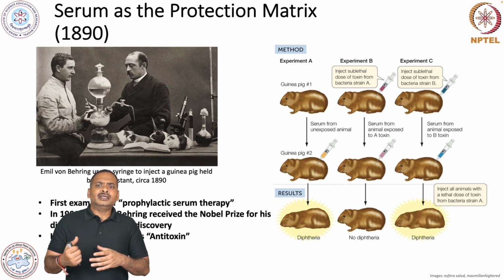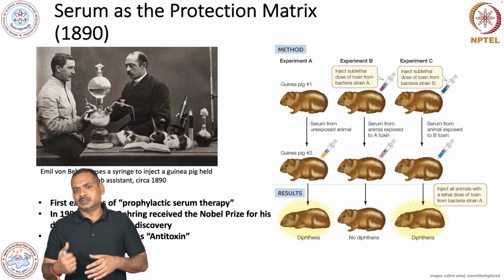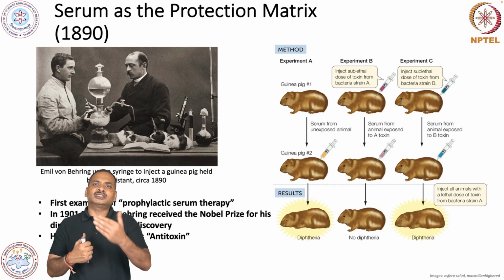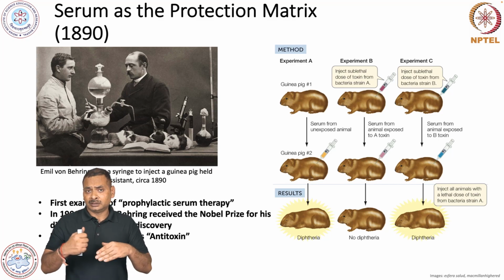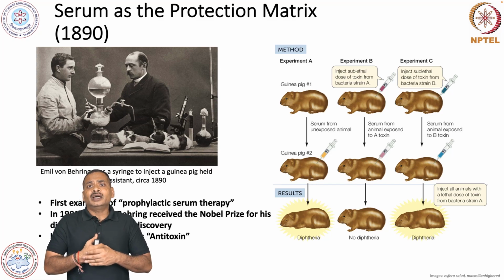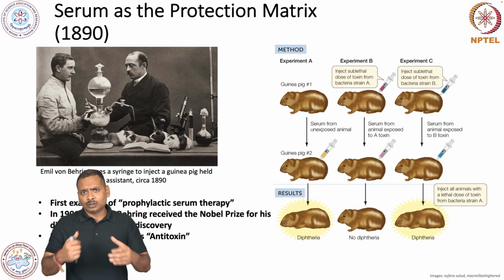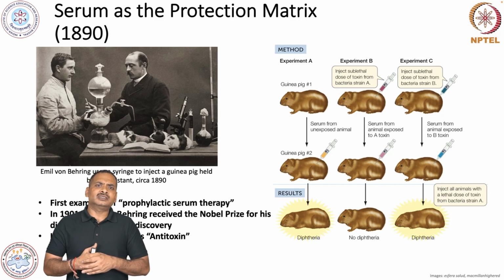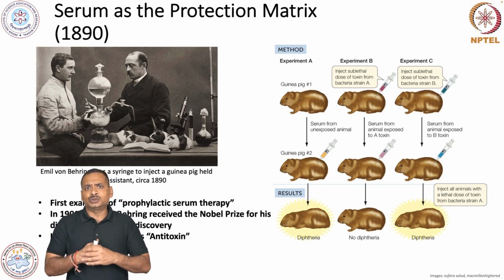The third group of guinea pig received the toxin from strain B. After that, they isolated the serum from these challenged guinea pigs, and then introduced this serum into another group of guinea pigs. In the first group, the serum is from an uninfected or unexposed animal.